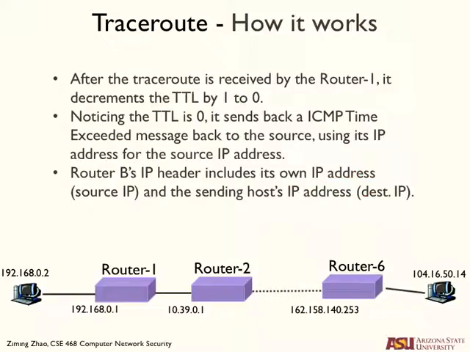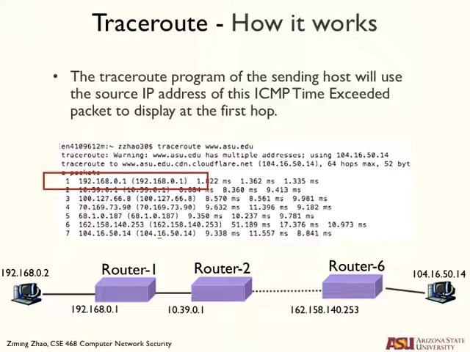So when my laptop receives this message, when the router sends back the time exceeded message, because it's an IP packet, it will put its own source address and destination address. So the source address in this case will be the router's IP address on this port, not on this port, the port connected to the host.